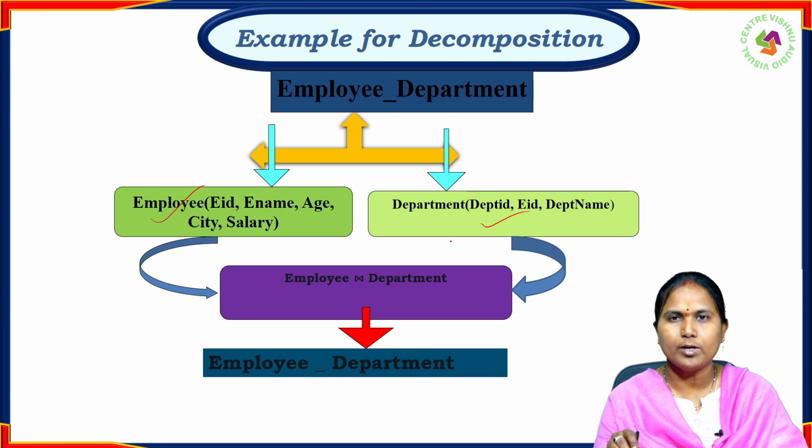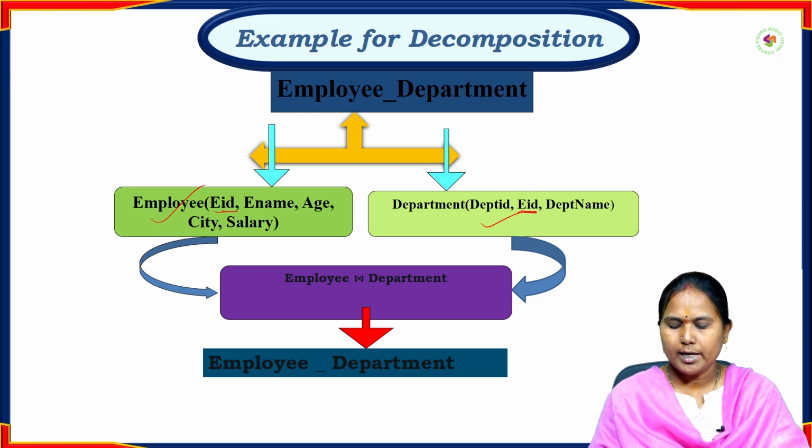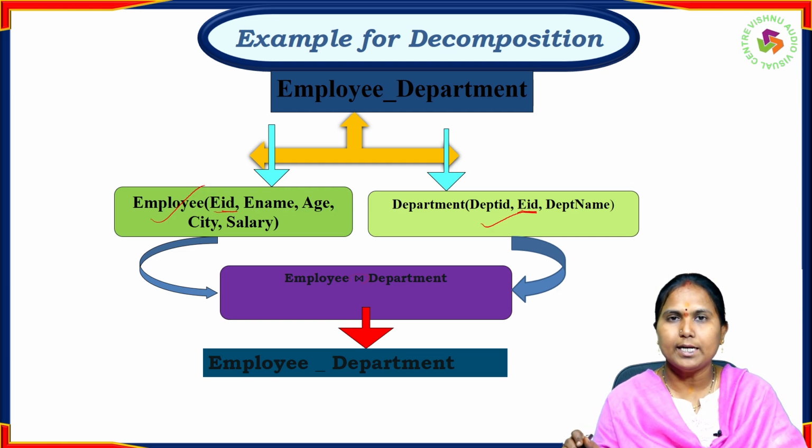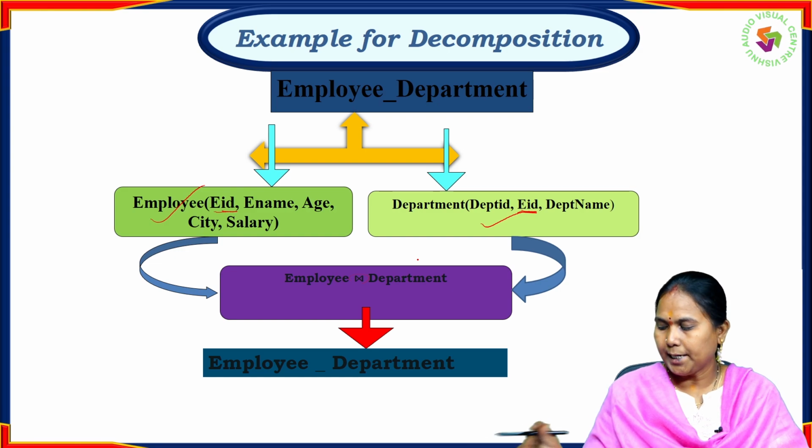Definitely we will get the employee department database with reference to the common column, that is EID. So employee and department natural join on the EID column. We can combine these two. Definitely we will get the employee department database. Right? This is the lossless decomposition. It also satisfies the dependency preservation. All the properties are satisfied. This is the perfect decomposed table.